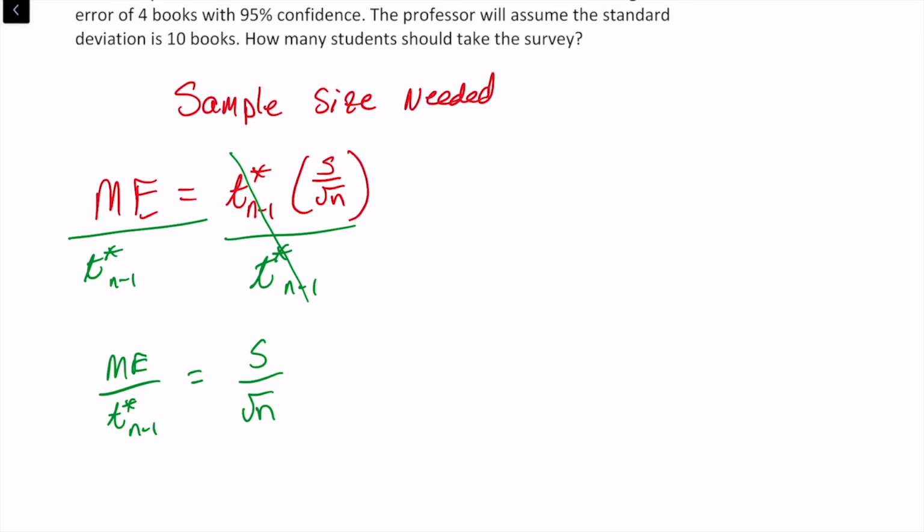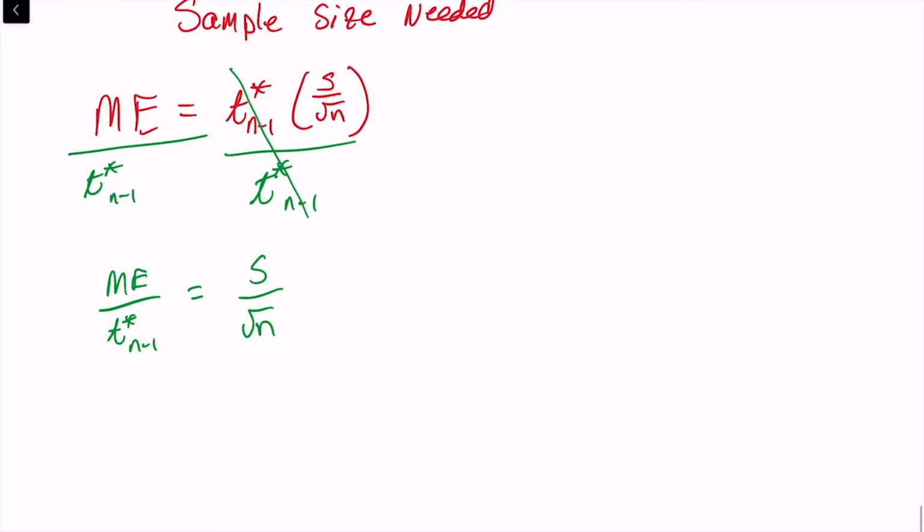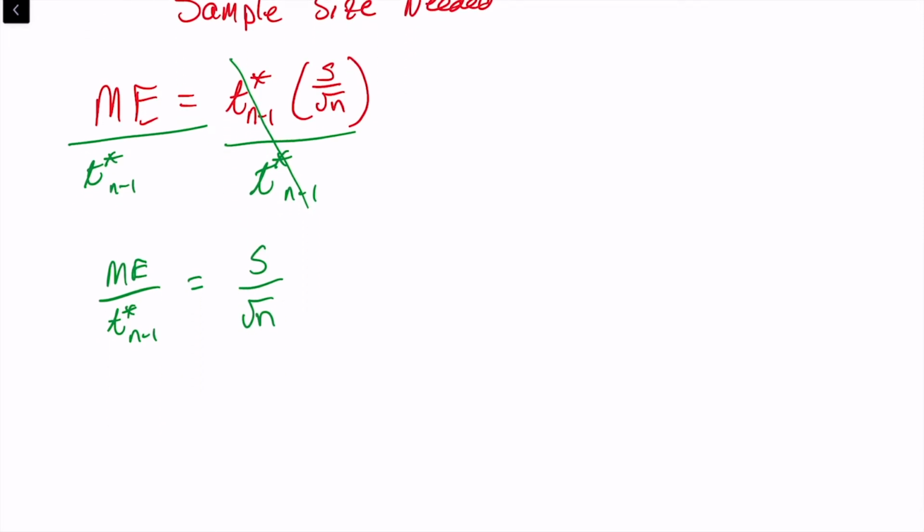Okay? All right, next thing I'm going to do is invert fractions on both sides. It's legal. It'll work, right? If I invert my left fraction, then I have to invert my right side fraction. That's legal.